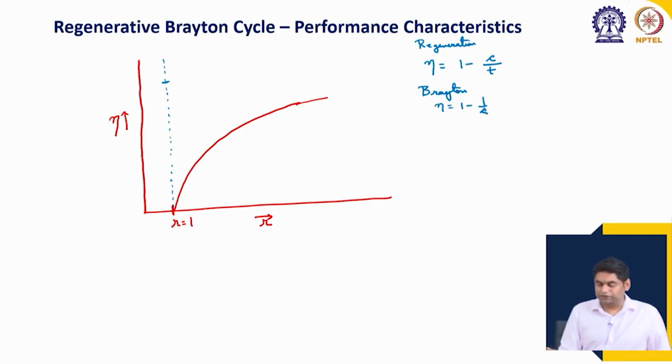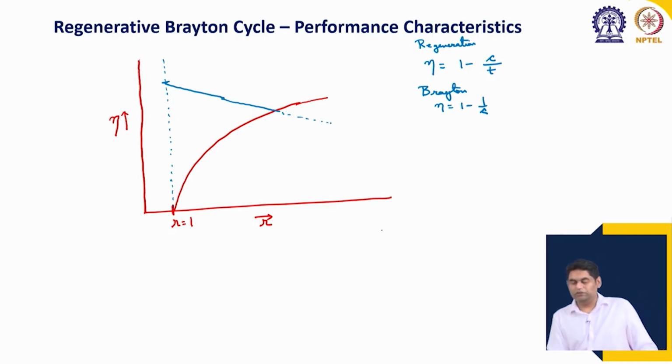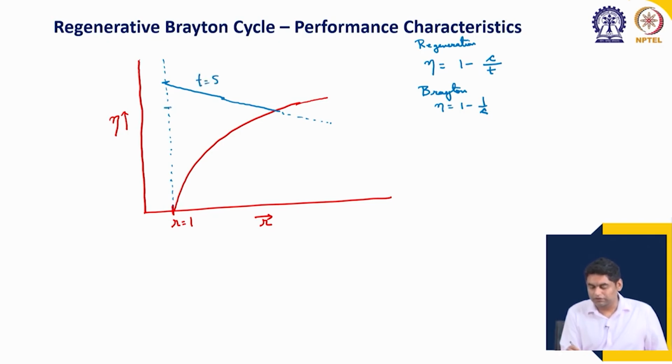We get a complete opposite type of behavior, where the efficiency decreases with increase in pressure ratio. It keeps on decreasing and at some point it goes below the standard Brayton cycle efficiency. Okay. So, let us say that this is for T equal to 5. Similarly, for lower value of T, T equal to 4, it will keep on decreasing, T equal to 3, somewhat like this.